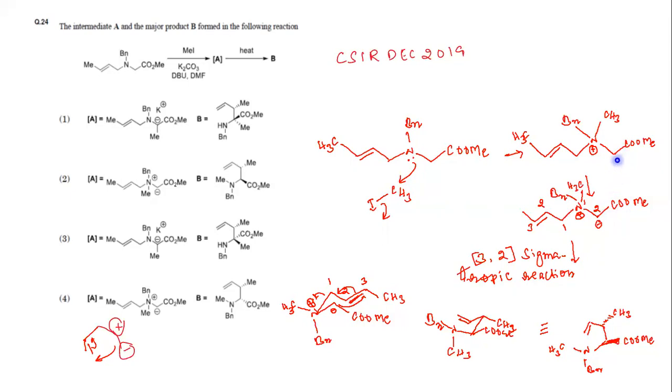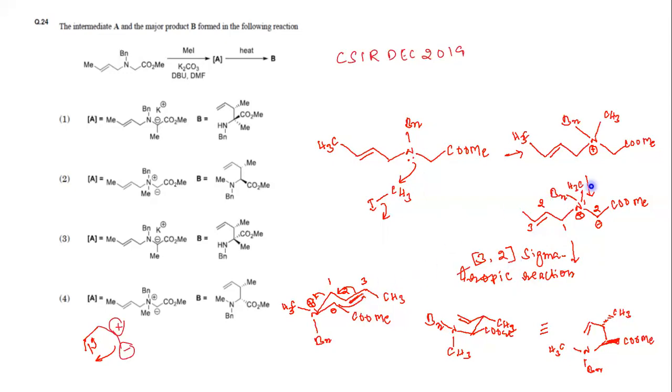Once this species is generated, it is a suitable substrate for a 3,2 sigmatropic reaction. In this case, the numbering is given like this. This terminal sp2 carbon is given 3, 2, 1, and this is given 2 and 1. Now, the bond is formed between the carbons numbered 3 and 2. So the name is 3,2 sigmatropic reaction.